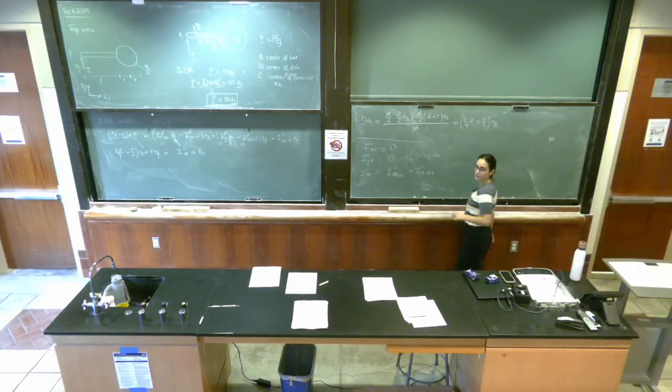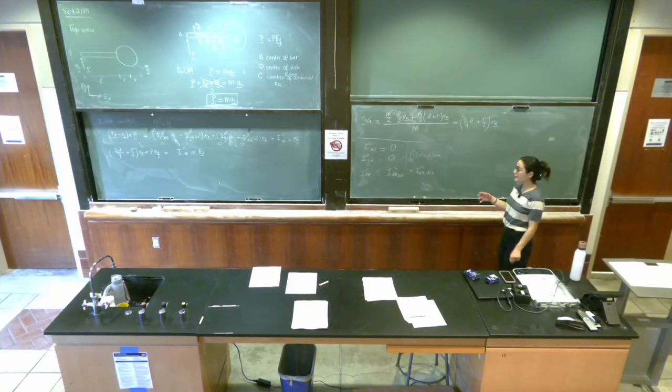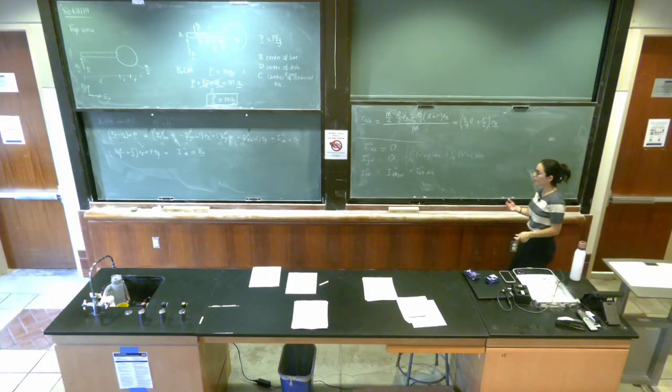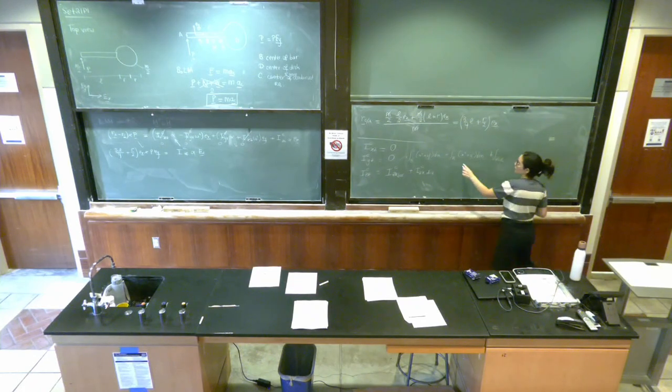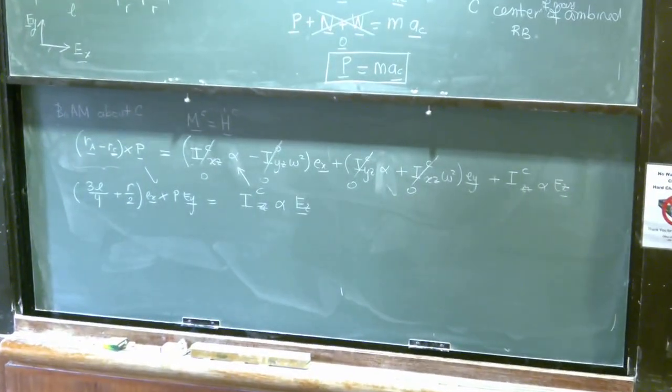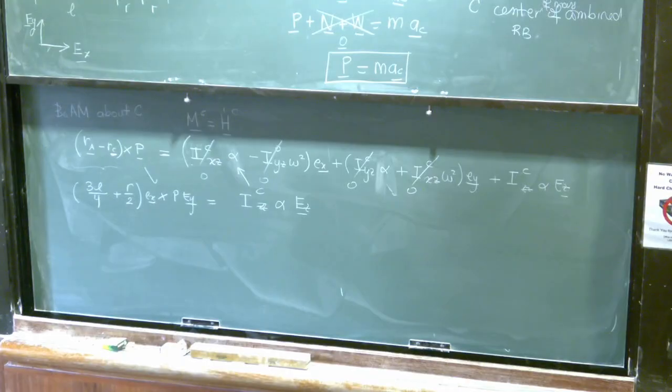I can divide that integral into the integral over two bodies: body 1, which is the bar, of x squared plus y squared dm, plus the integral over the disk of x squared plus y squared dm. So ICZZ is ICZZ of the bar plus ICZZ of the disk.